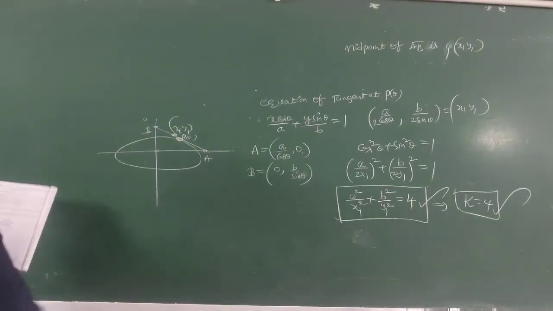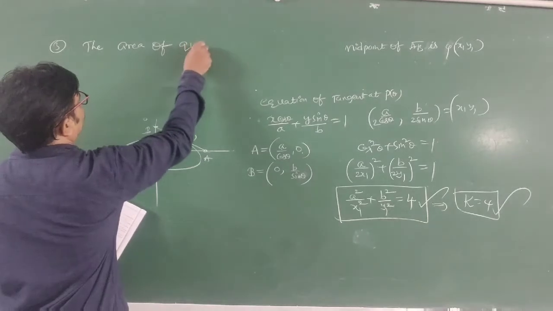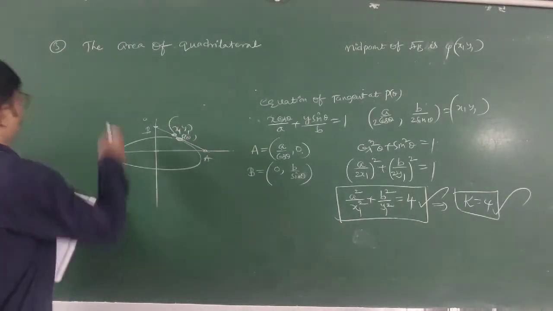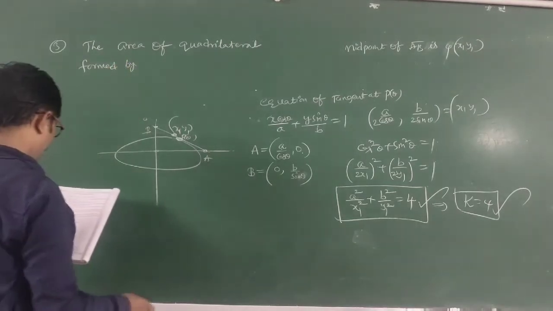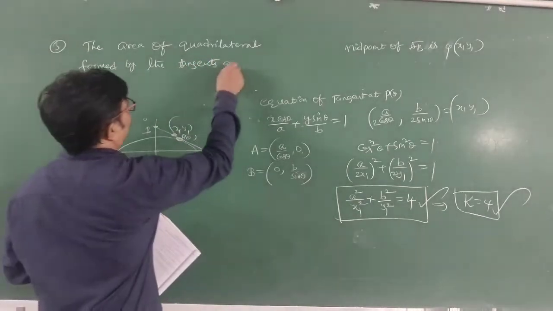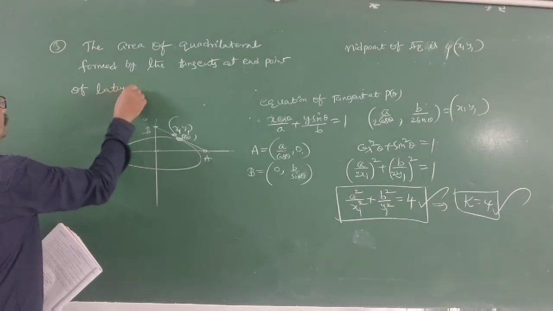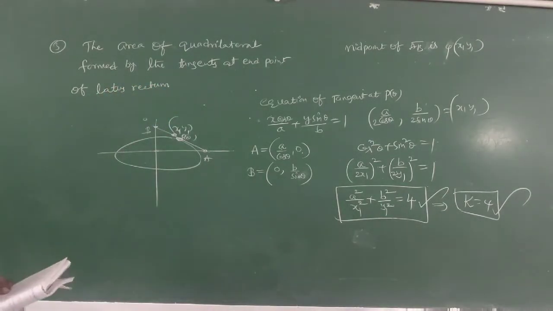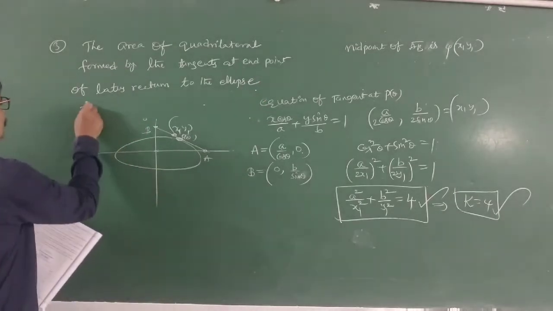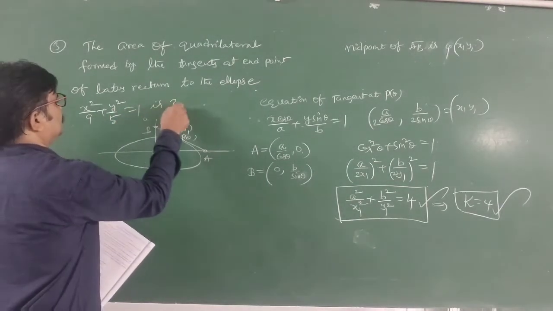Now students, the third question. The area of the quadrilateral formed by the tangents at the endpoints of the latus rectum of the ellipse x square by 9 plus y square by 5 equal to 1 is 3a square.